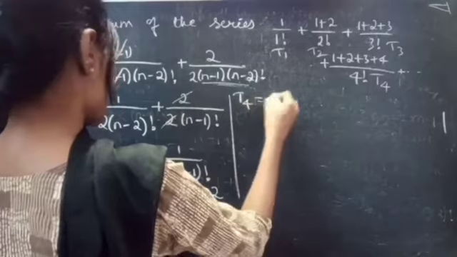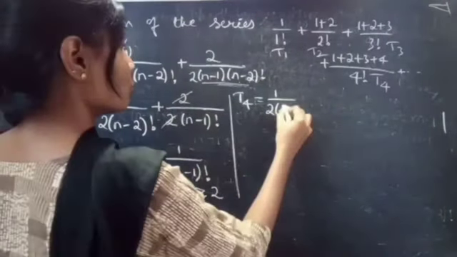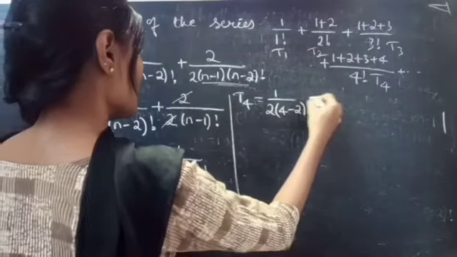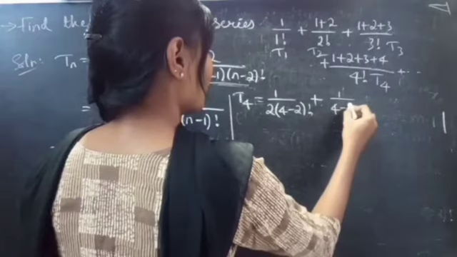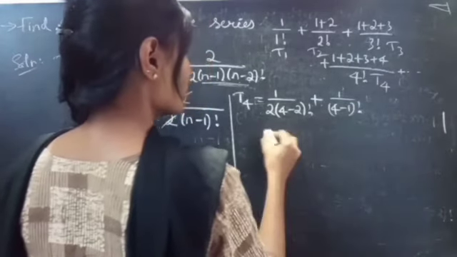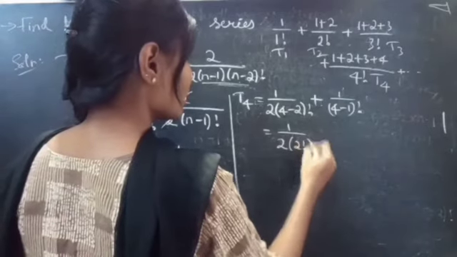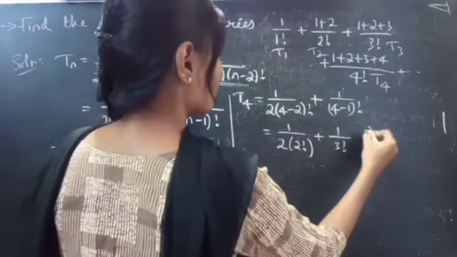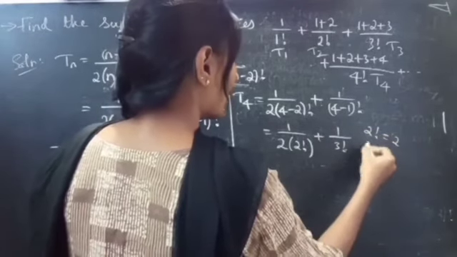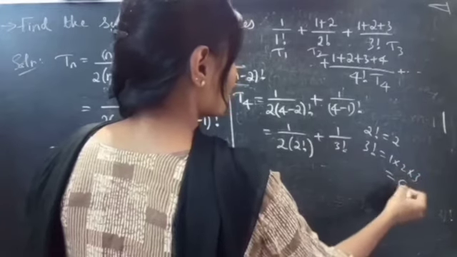T4 equals 1 by 2 into, substituting n equals 4, you'll get 4 minus 2 factorial plus 1 by 4 minus 1 factorial. So this equals 1 by 2 into 4 minus 2 is 2 factorial plus 1 by 4 minus 1 is 3 factorial. We know that 2 factorial equals 2 and 3 factorial equals 1 into 2 into 3, so 6.